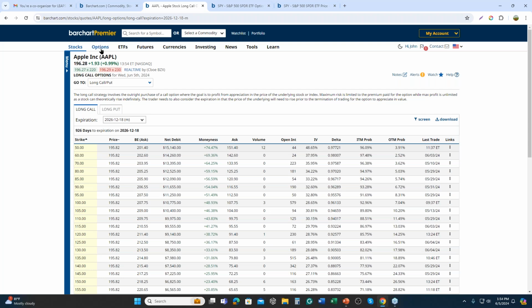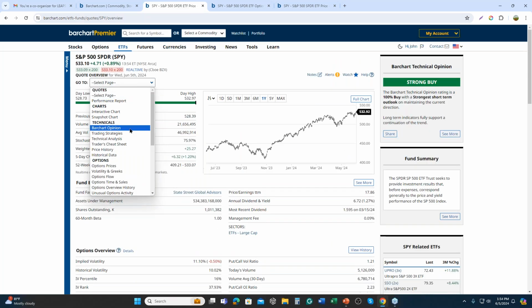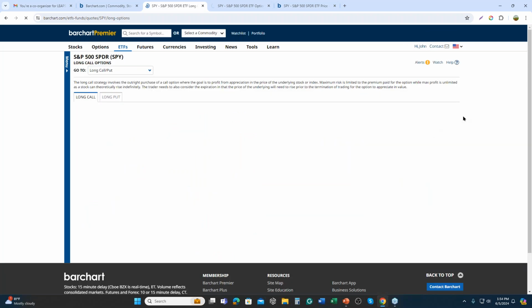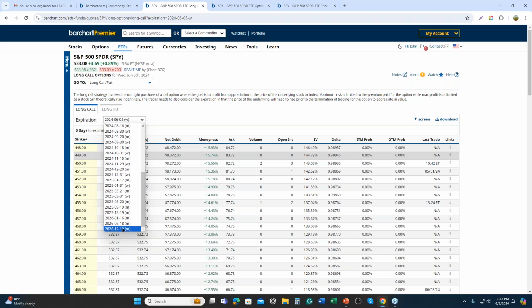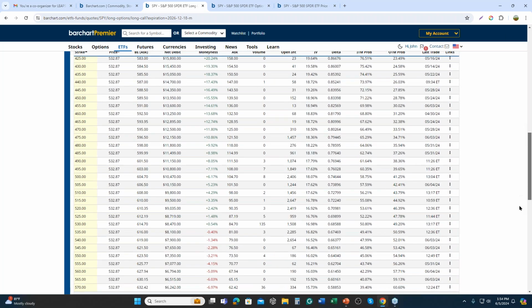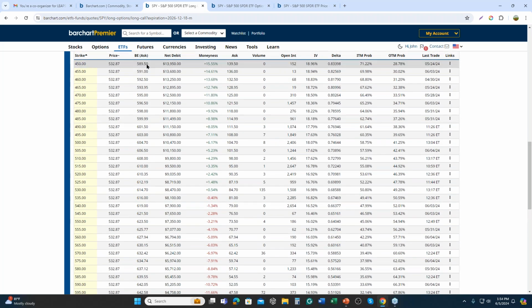Let's change this back to our SPY, since we've been using that. Again, I'm going under the options, long call, long put, and I want to go out to our furthest leap. What's nice about this page is it does bring forth a lot of those inputs that we want when we do our assessment.